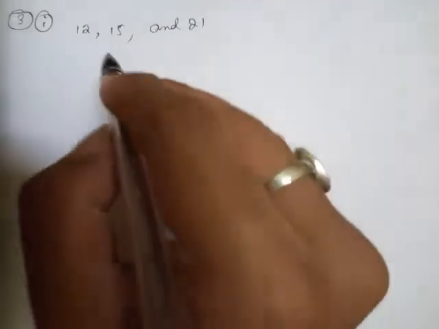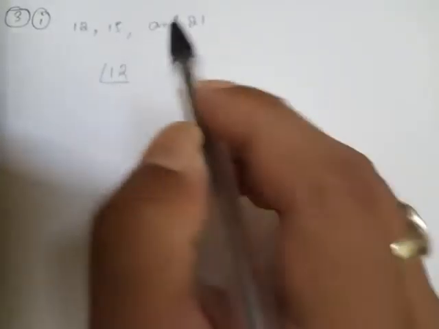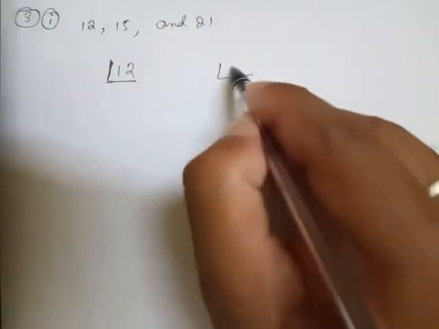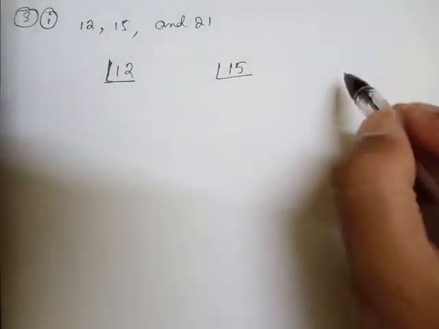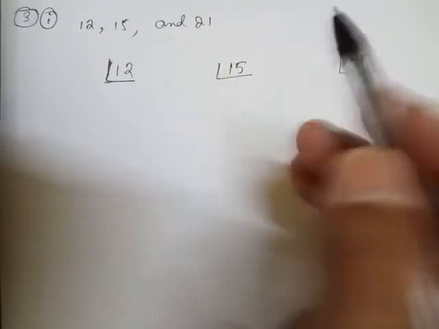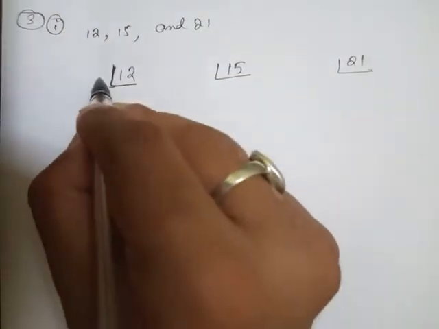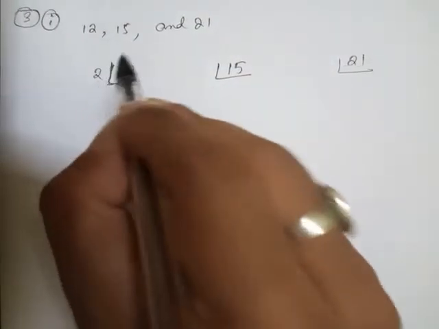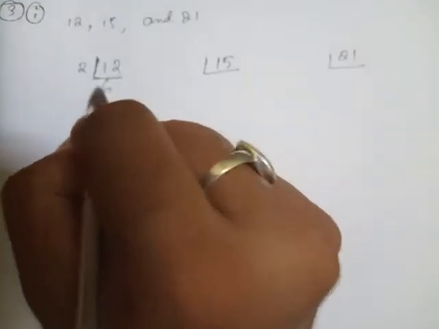First of all, I will write here 12. Next one is 15, so we'll write here 15, and the last one is 21, so we'll write here 21. Now look here, student, here 12, so we'll go for the division. Since it is an even number, we'll go for 2 only. 2 sixes are 12, and 2 threes are 6, first one over.